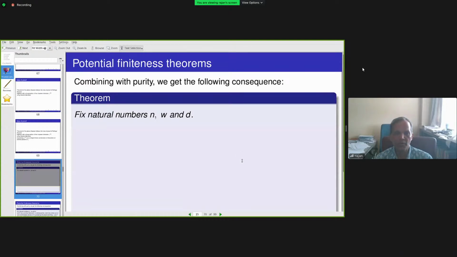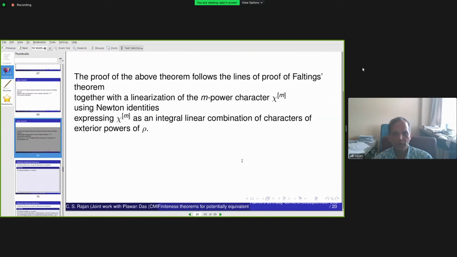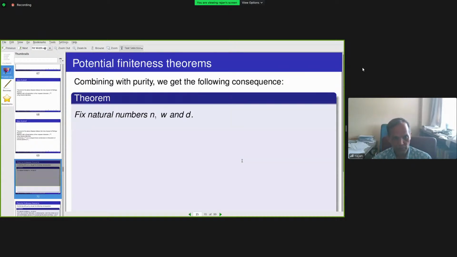Okay, so as I said, we have extended Faltings theorem where we allow some ramification outside S, but the ramification is somewhat mild, in that the inertia has to act by a scalar character.